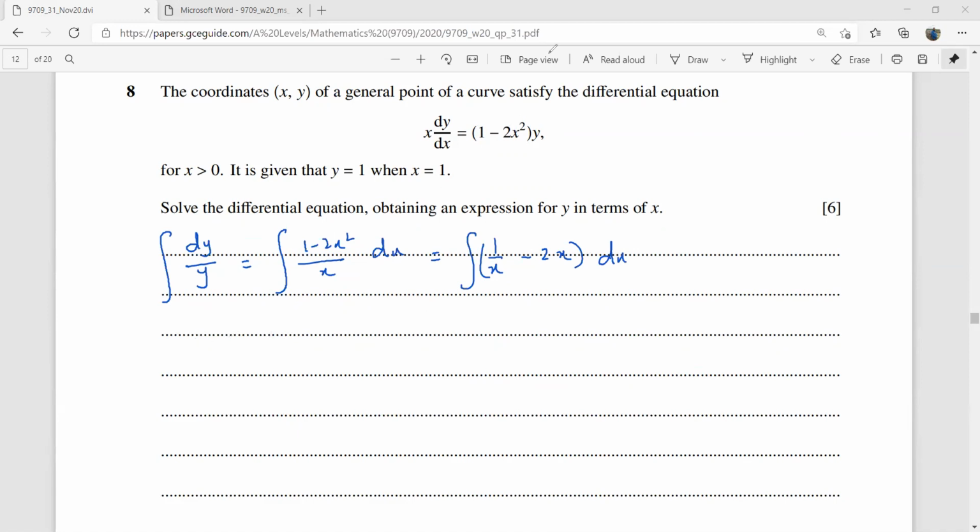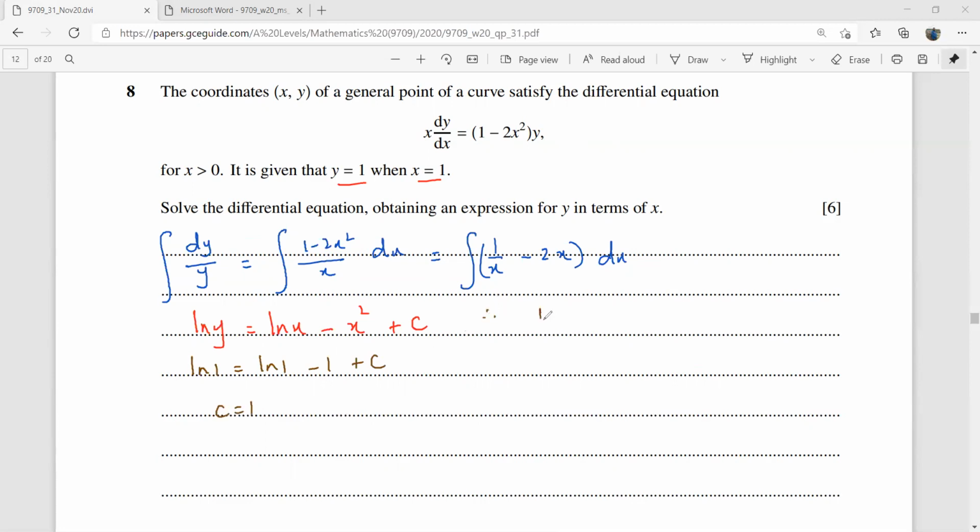So this will give you ln y equal to ln x minus x squared plus c. Now using the given values of y and x, we can determine the c. So this is ln 1 equal to ln 1 minus 1 plus c, so we have c equal to 1.